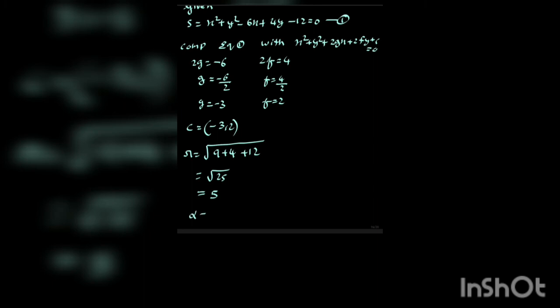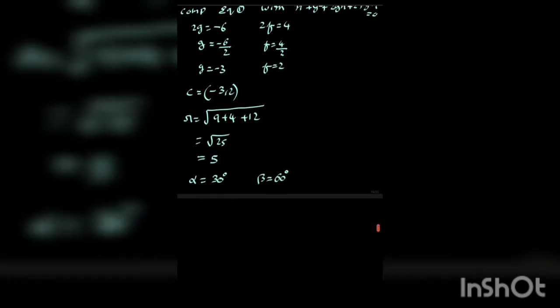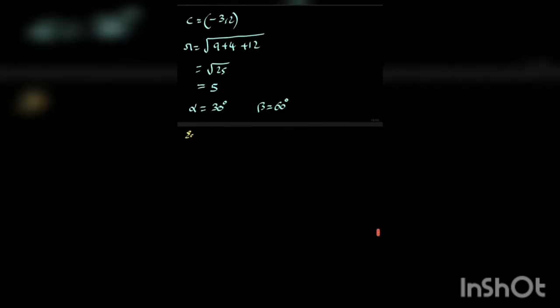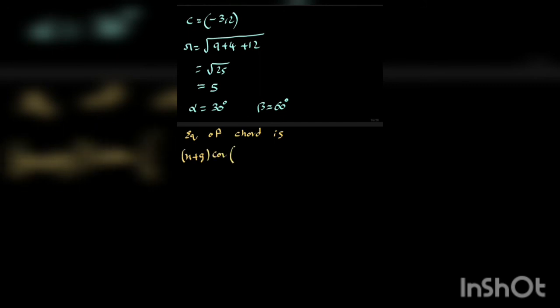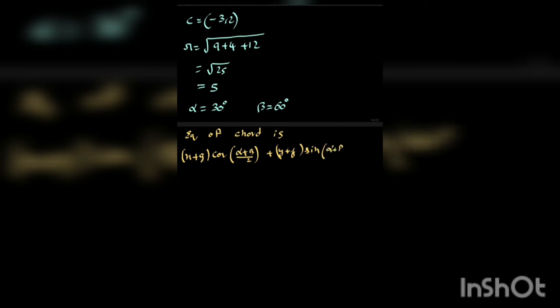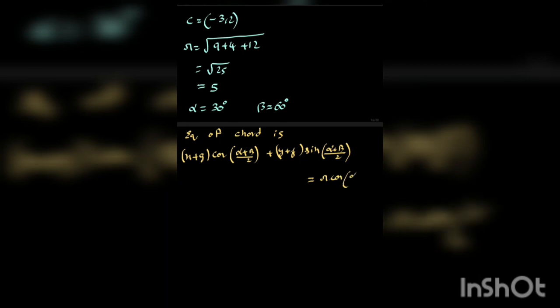So let alpha is equal to 30 degrees and beta is equal to 60 degrees. So the equation of chord is x plus g into cos alpha plus beta by 2 plus y plus f into sin alpha plus beta by 2 is equal to r cos alpha minus beta by 2.